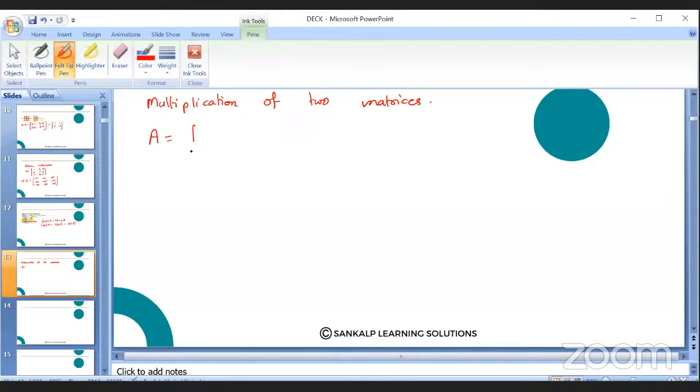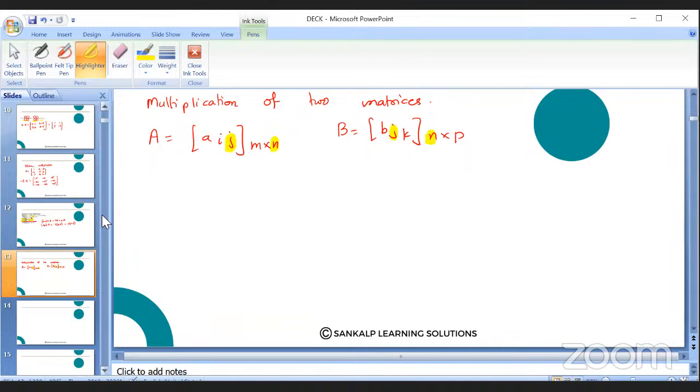A is a matrix Aij. Order is m by n. B is a matrix Bjk. Order n by p. See how it is. Here, jth column. Here, jth row. Here, n columns.